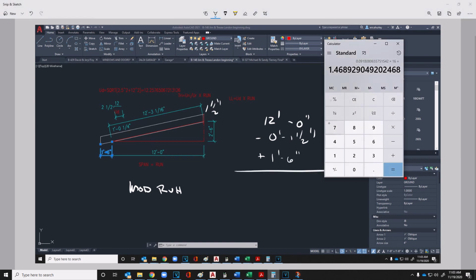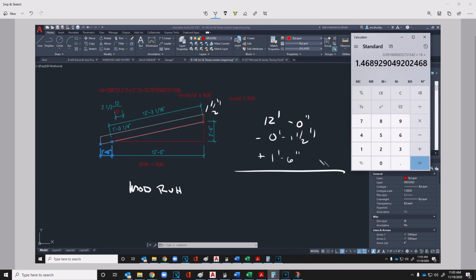Okay, so open up our calculator. We're going to start with our smallest number. So 1.5 divided by 12. See that number? 0.125. You remember that because that's 1.5 inches.